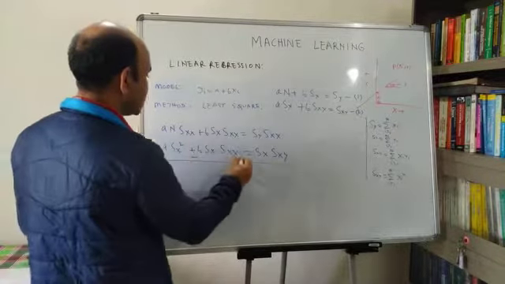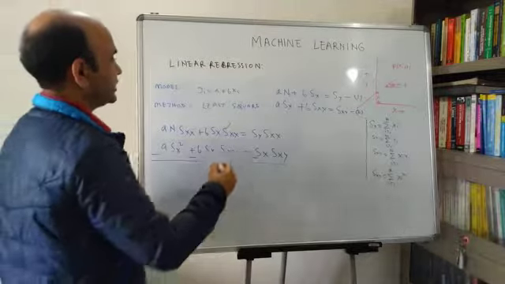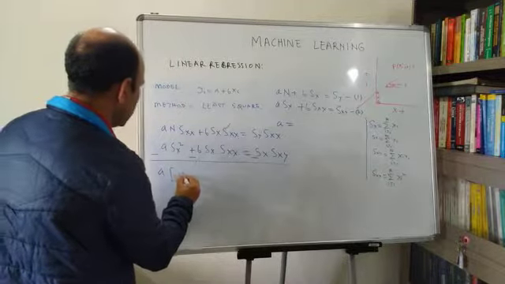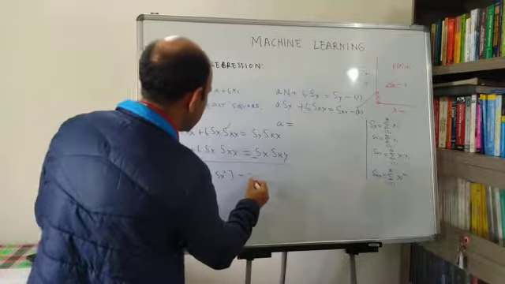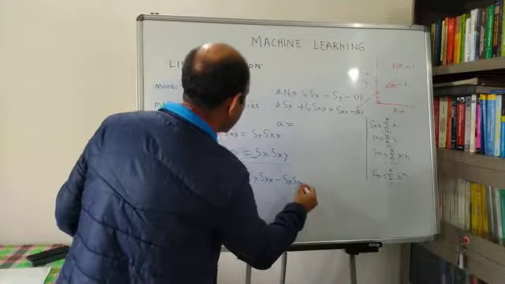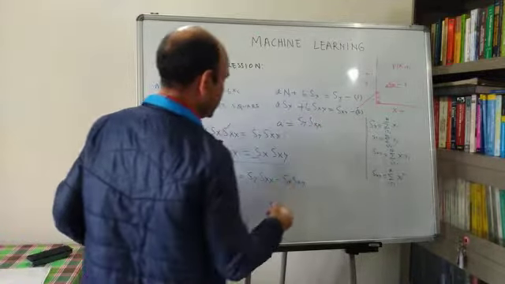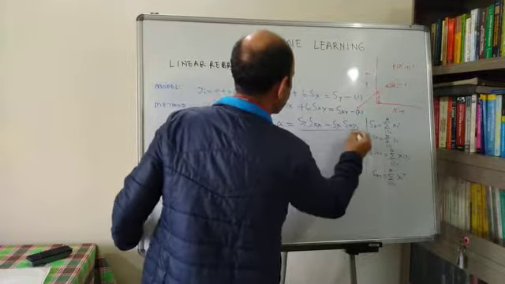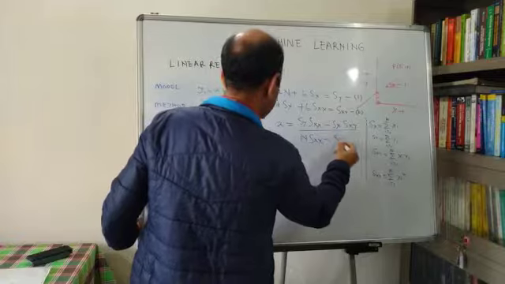Now we can easily subtract these. This goes, and we get a(n·sxx - sx²) = sy·sxx - sx·sxy. So a = (sy·sxx - sx·sxy) / (n·sxx - sx²).